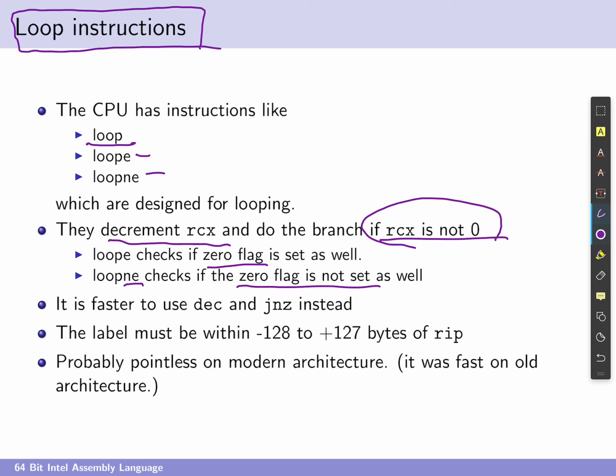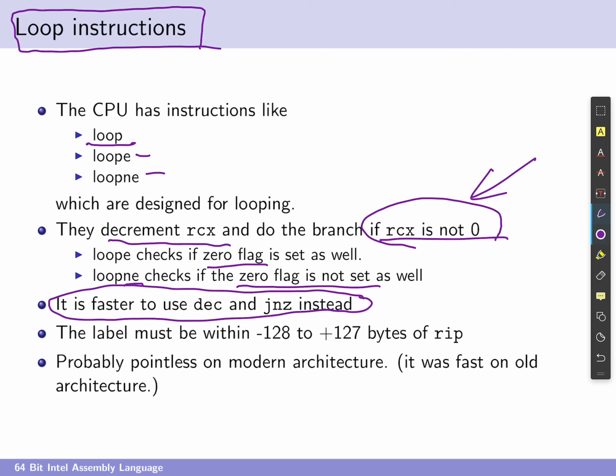Now, it's actually in practice a lot faster to just use decrement and jump-not-0 to emulate this normal loop behavior. So you manually do what it's doing. And it's not just a little bit faster. I think it's about 3 to 5 times faster, depending on the machine, to do it manually yourself with this conditional jump and a decrement. On old architectures, it used to be very fast.